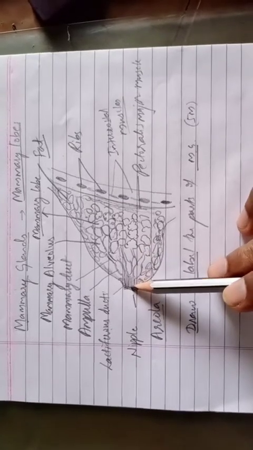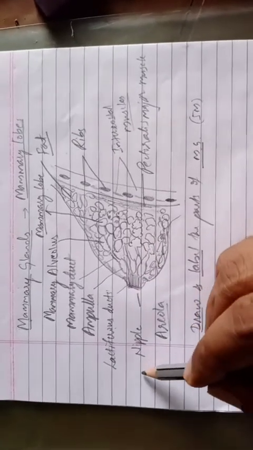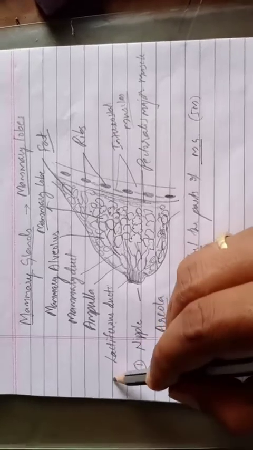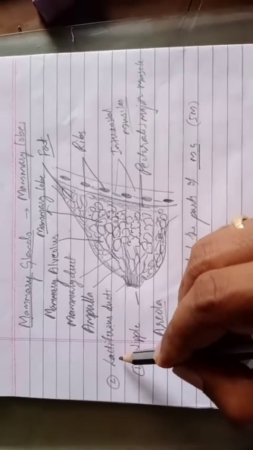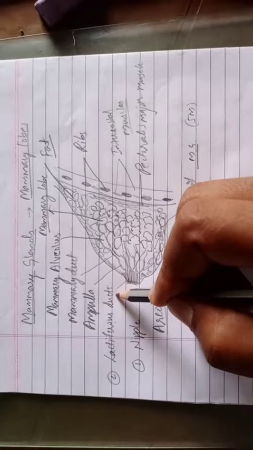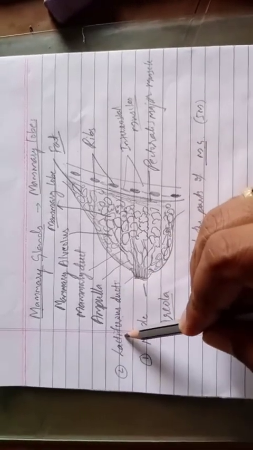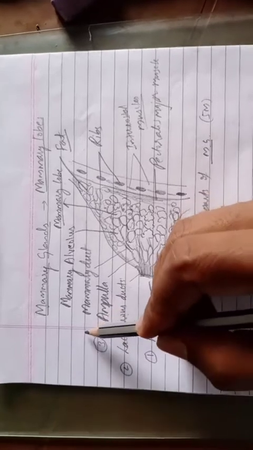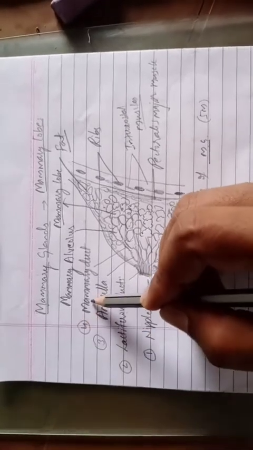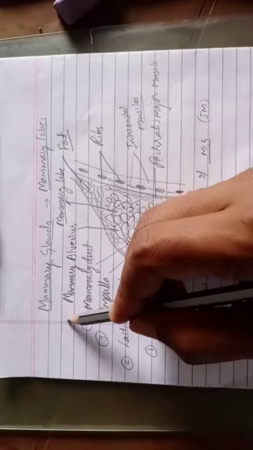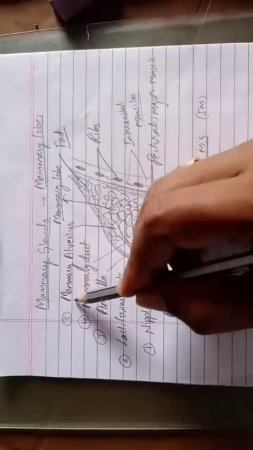You can observe here the first part, that is the nipple, and the second part, the lactiferous ducts. Third is the ampulla, fourth is the mammary duct, and fifth is the mammary alveolus.